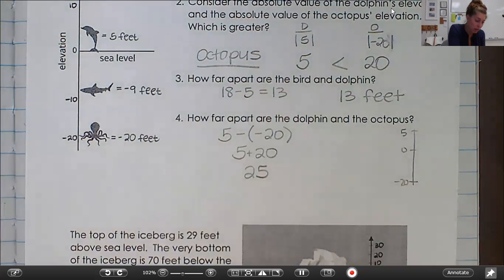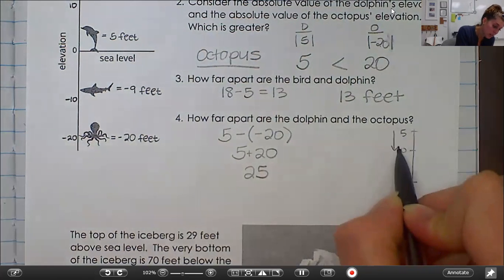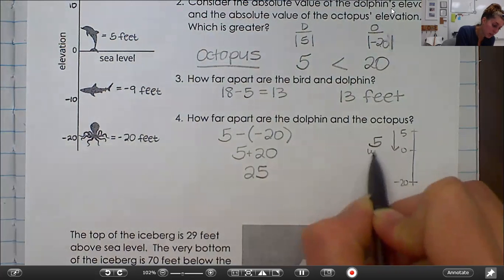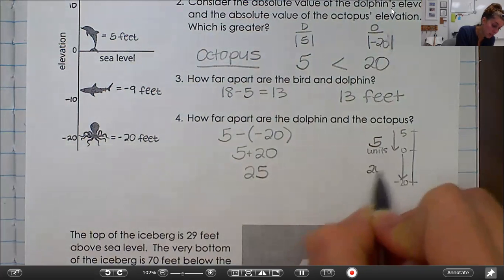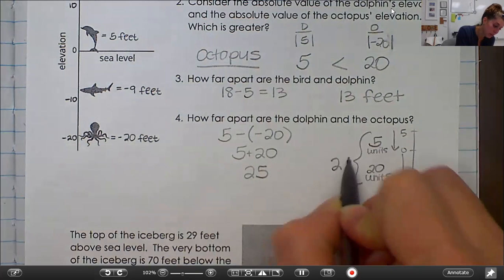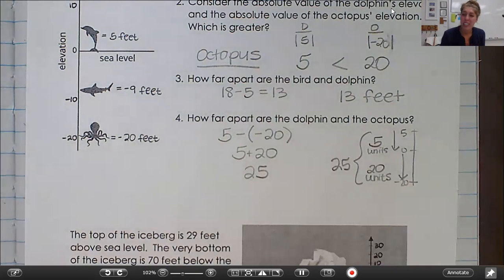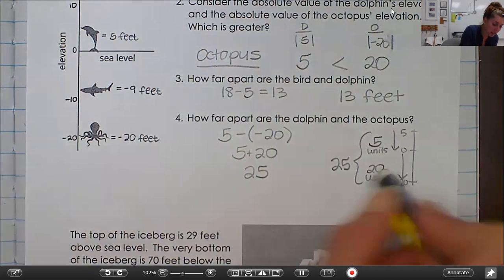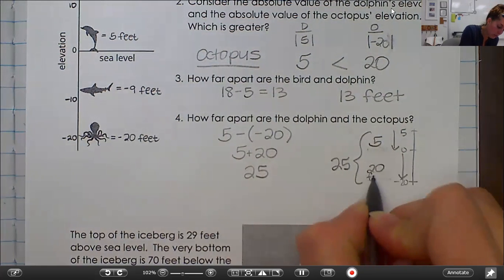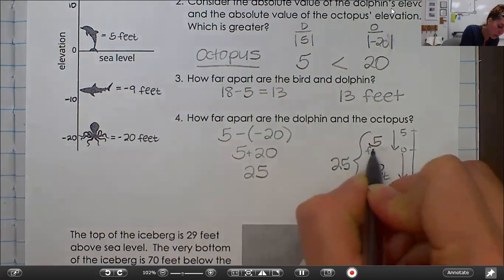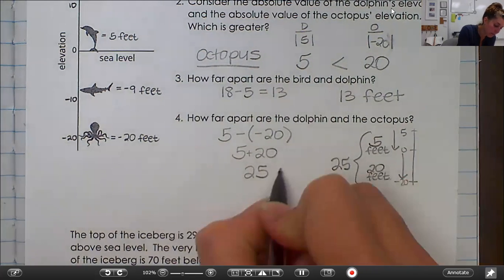So from 5 to 0, that's 5 units. From 0 to negative 20, that's also 20 units for a total of 25. And I don't know why I put the word units because I actually know that these are feet. I'm usually referring to just a plain number line when I do that, okay?